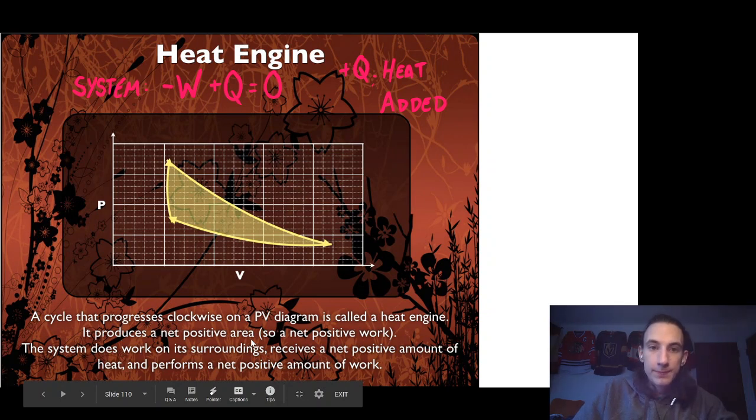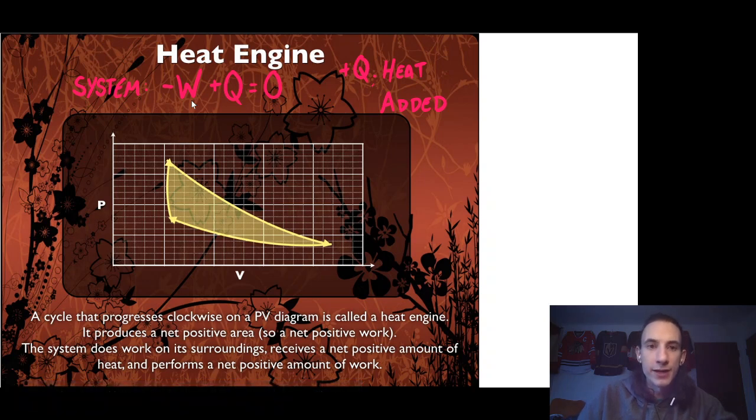If we look at that, we can use our internal energy, our first law of thermodynamics, and think about what's going on. In the system where we have this heat engine going clockwise, we have negative work done on our system. For a full cycle, the change in internal energy has to be 0, so W plus Q has to equal 0. In that full cycle, if we have negative work, we have to have positive heat added to our system for a change in internal energy of 0.